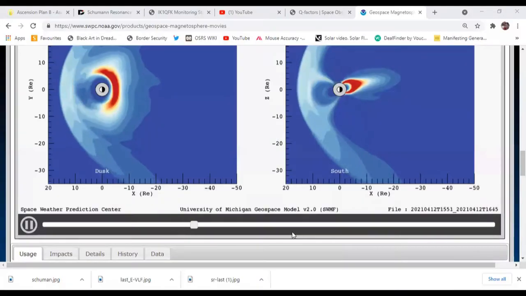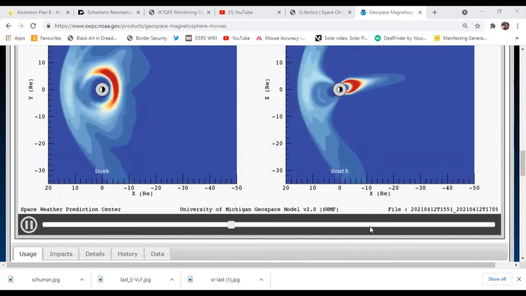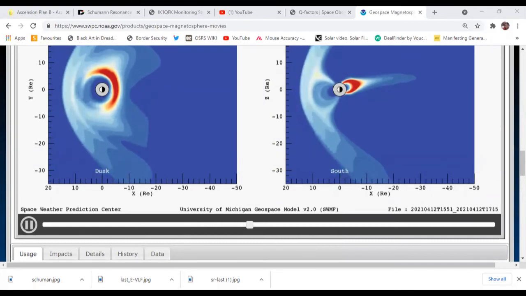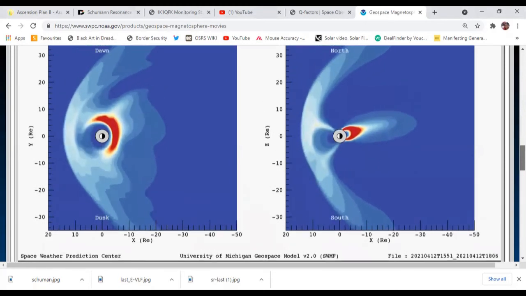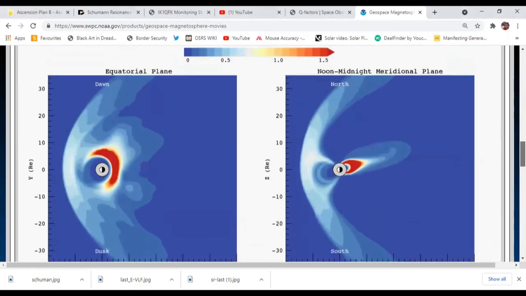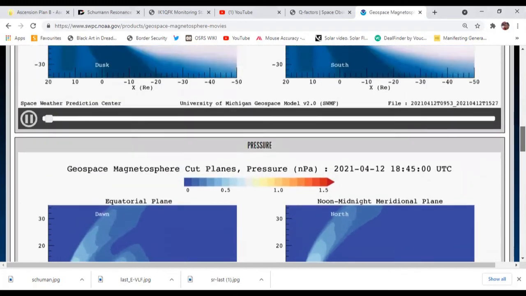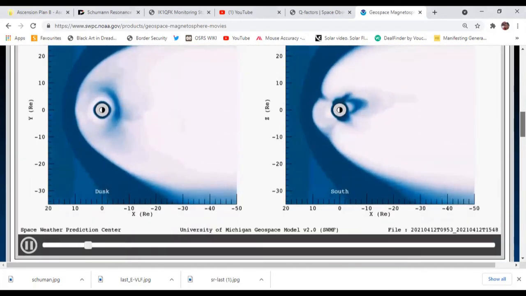Here's the magnetosphere. There's not really much happening, so that's not too much pressure there. It seems to be all on the back of Earth. And the density of the magnetosphere is all relatively fine, and you can see that pulsing here.